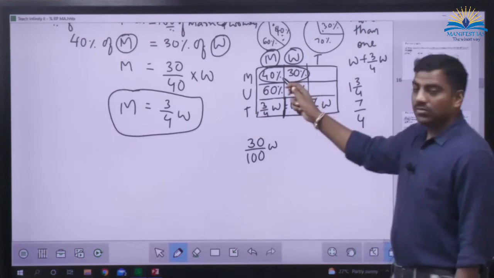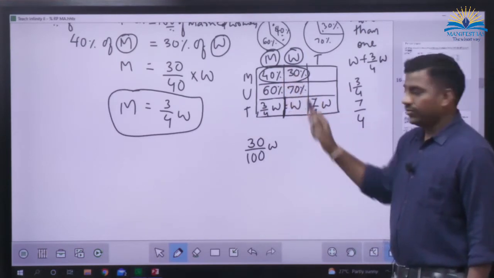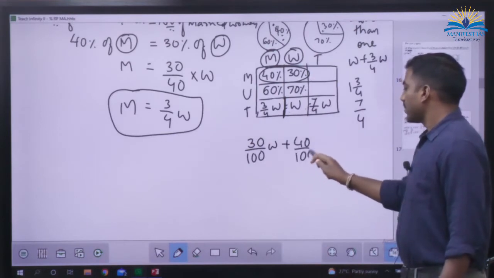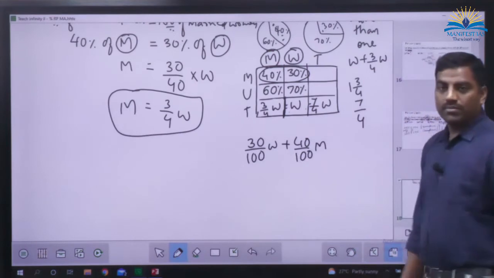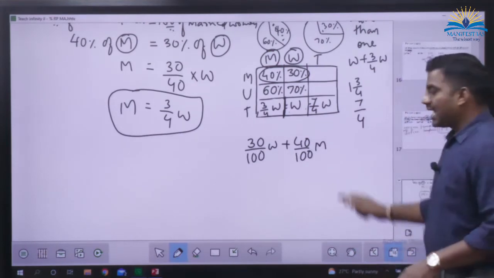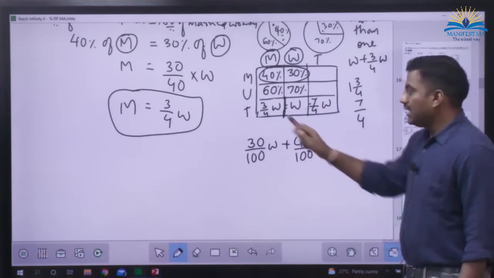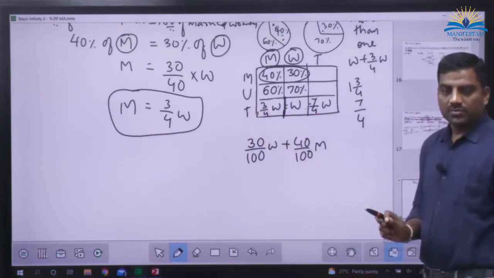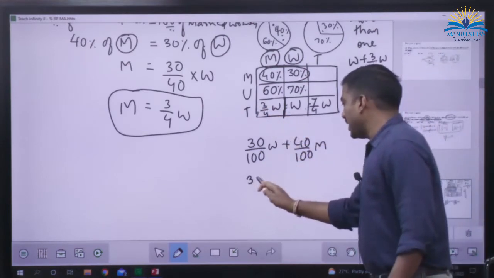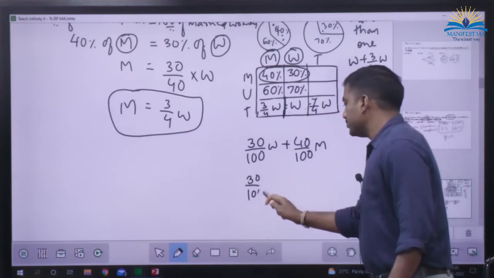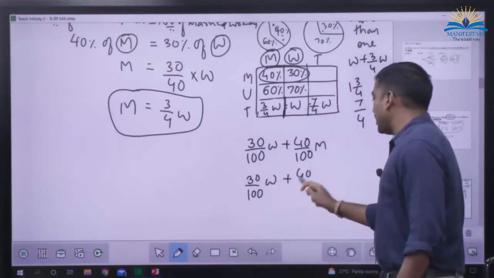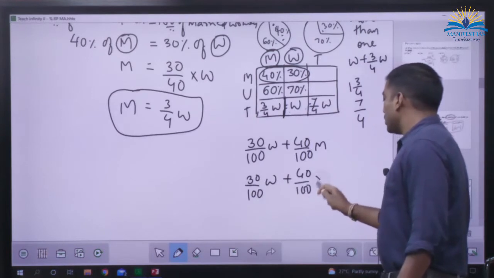What about men now? 40% of M. This is a total married population. But can I express M in terms of W? So instead of M, I'll write 3 by 4W. So 30 by 100W plus 40 by 100 into 3 by 4.